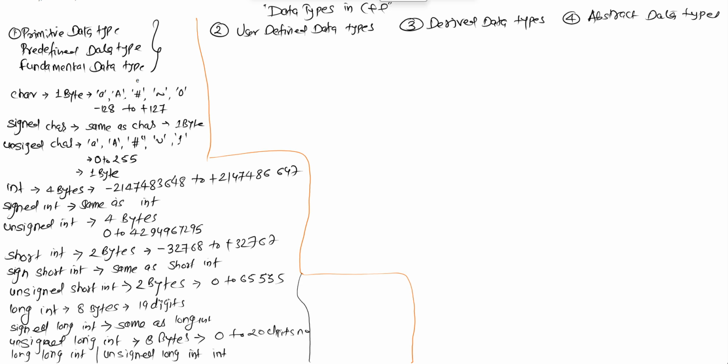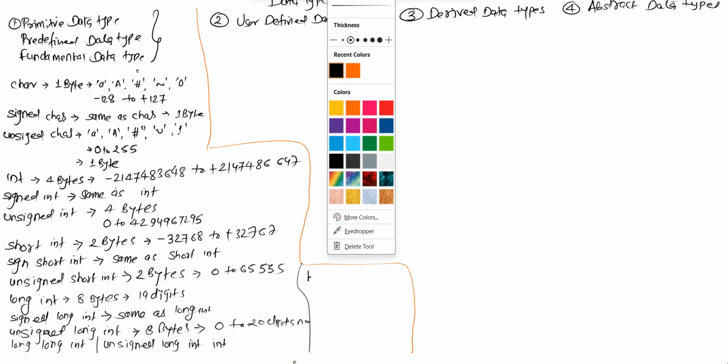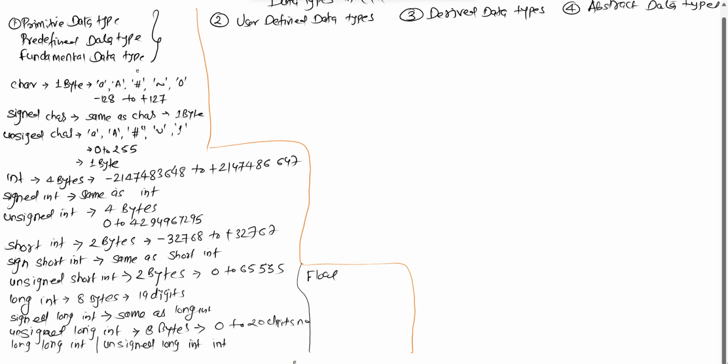Okay, so we have to store floating point value. We have float data type. Float takes 4 bytes of memory, and we have the bigger data type for storing this value, double, that also stores floating point value, and we have long double also, which takes 12 bytes.